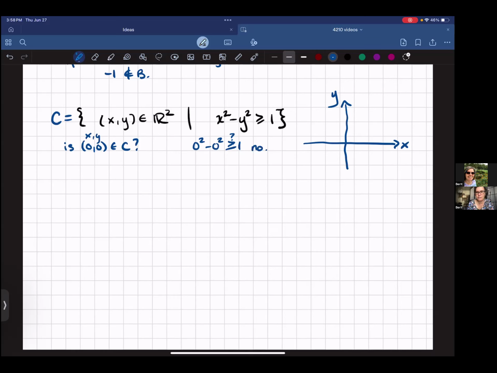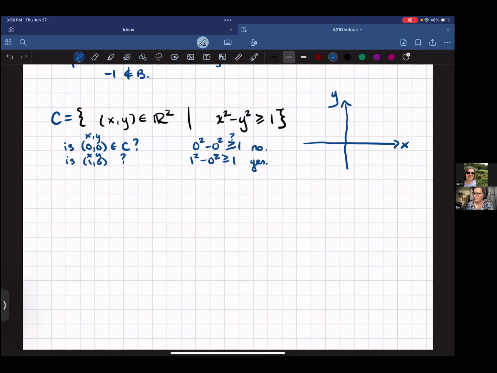Can you think of some point that's in C? Just any point that's in C. There's a lot of answers. I like maybe (1, 0). So I'm going to imagine (1, 0) equaling the thing on the left. Is 1 squared minus 0 squared greater than or equal to 1?